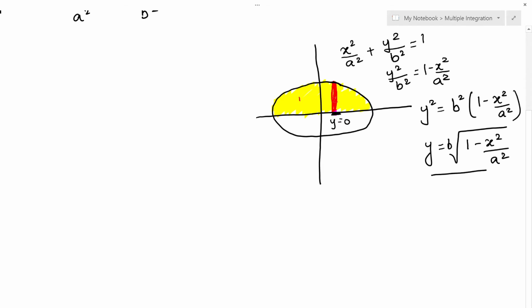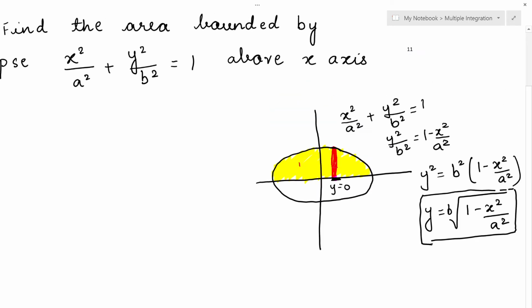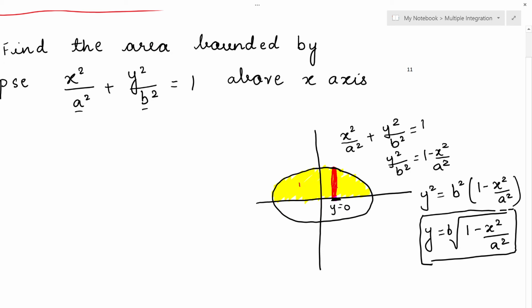So this will be my upper limit because it is touching the ellipse, and this will be my lower limit. Now since the points are given as a and b, obviously this will be the origin, this will be a comma 0 and this will be 0 comma b.